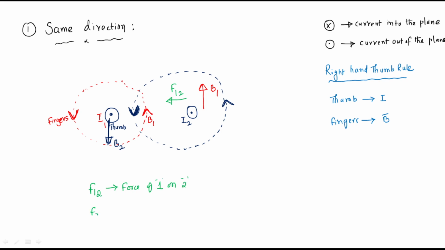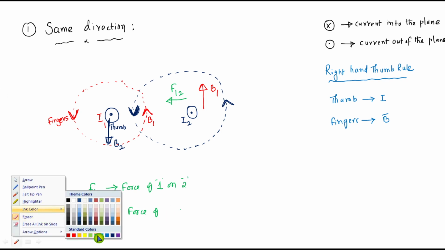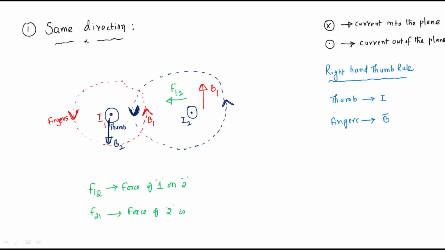Like that F21 is the force of 2 on 1. By using I1 and B2 we get the direction of force F21.